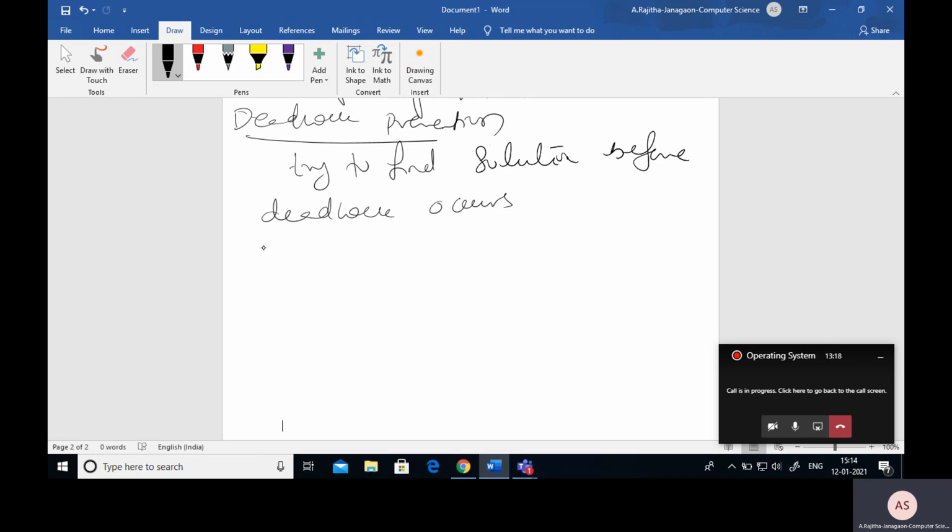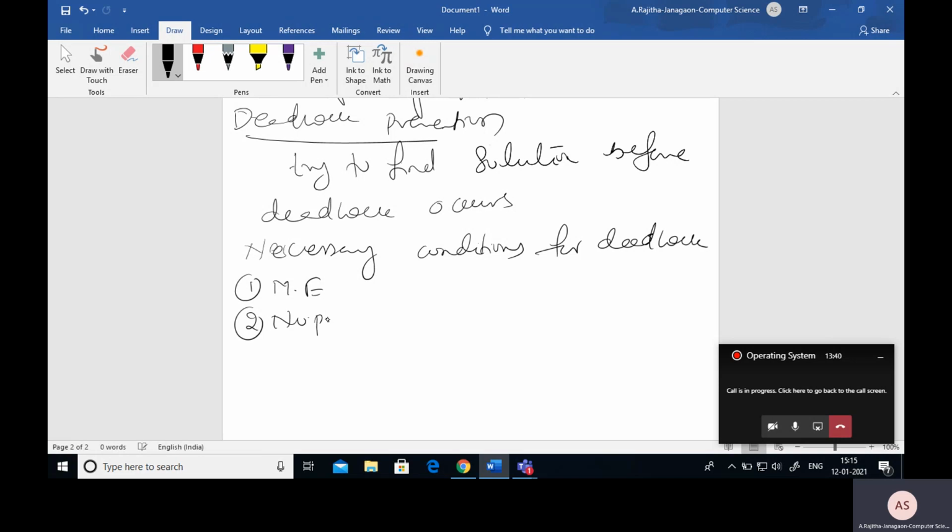We know the necessary conditions for deadlock: mutual exclusion, no preemption, hold and wait, and the fourth one is circular wait.